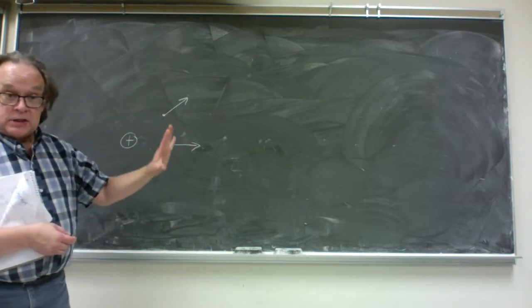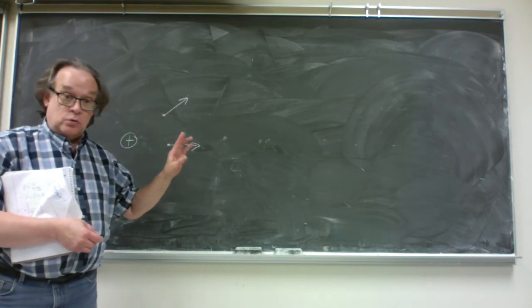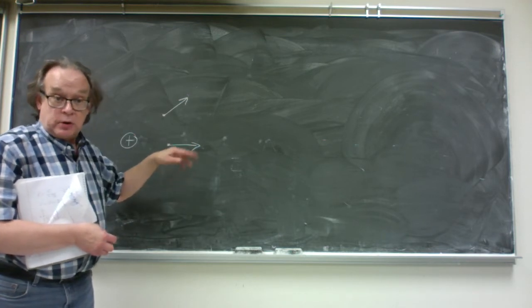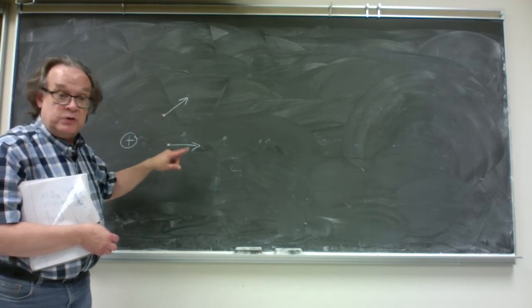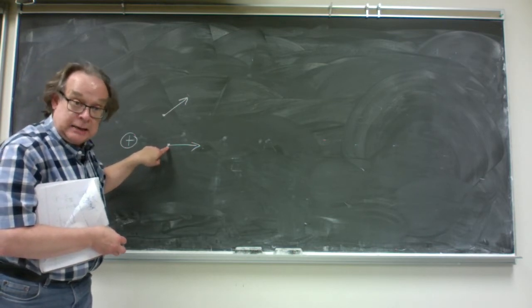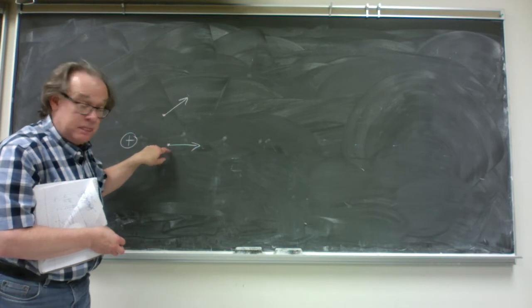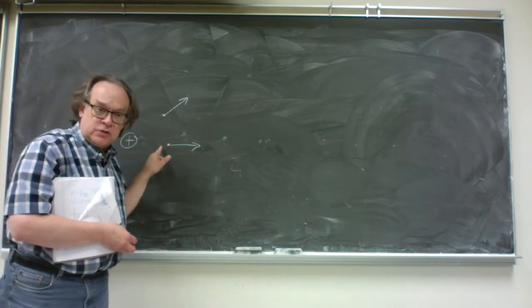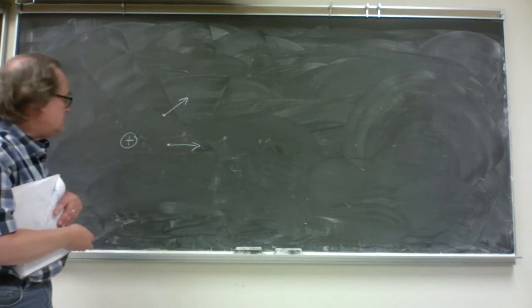To make things clear, these arrows, as mentioned in the book, always represent the field at this location, at the tail end of the arrow. They don't represent the field at all these points, just the field at this point.